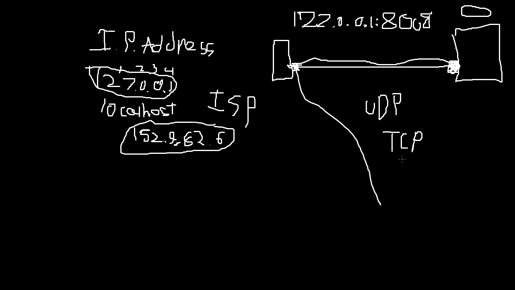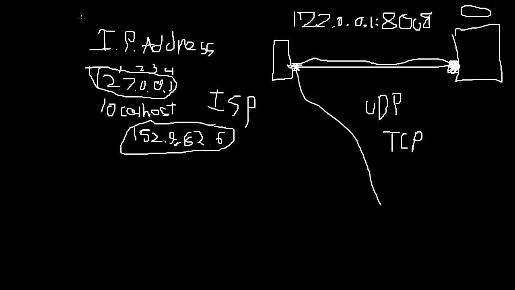TCP stands for Transmission Control Protocol, which is pretty much the dominant of these two. You may hear them referred to like UDP-IP or TCP-IP, which is like using TCP via IP. You use the TCP protocol and the Internet protocol to send messages. That's basically the relation.